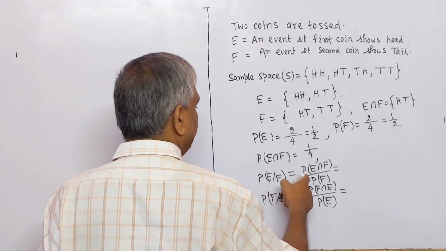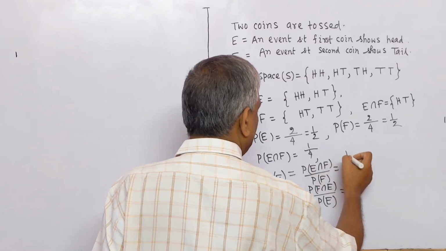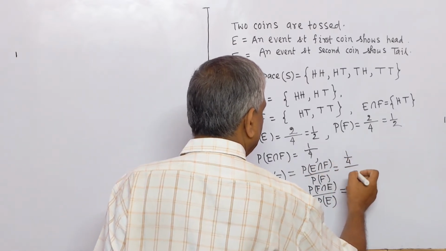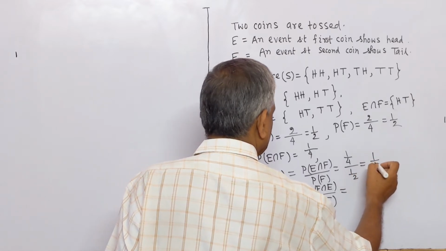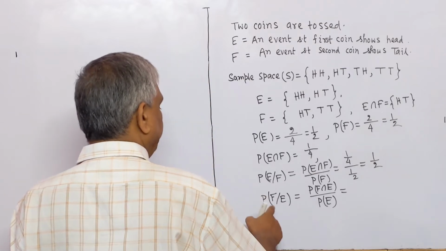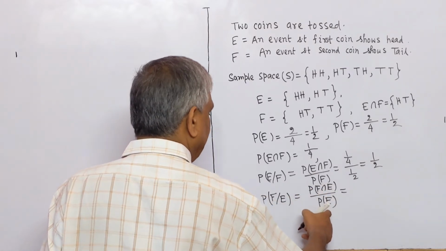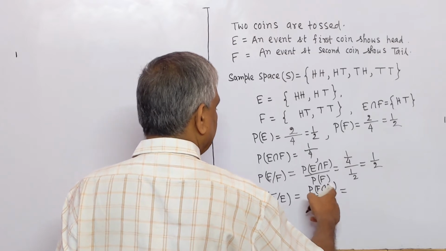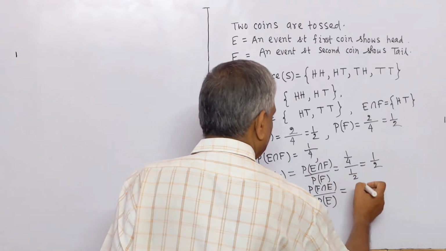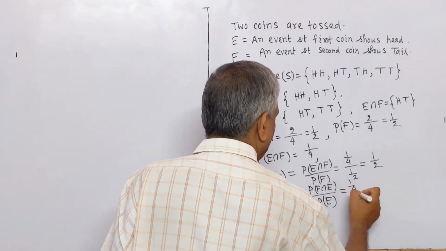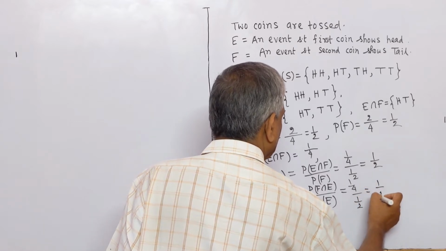P(E/F) equal to P(E intersect F) by P(F). P(E intersect F) is 1/4 and P(F) is half, and this is half. P(F/E), P(F intersect E) by P(E). P(F intersect E) is 1/4 by 1/2. This is 1/2.